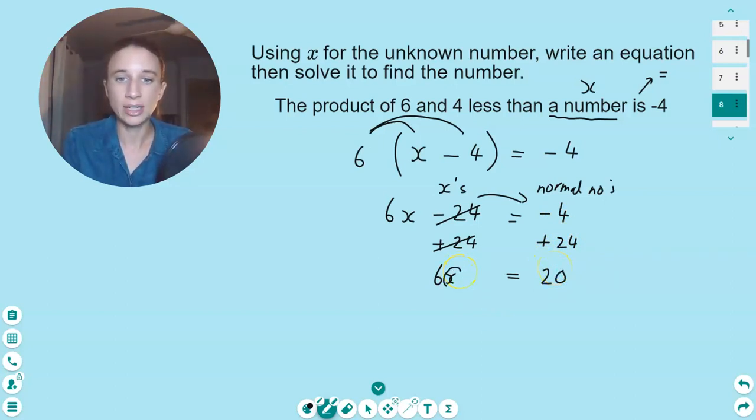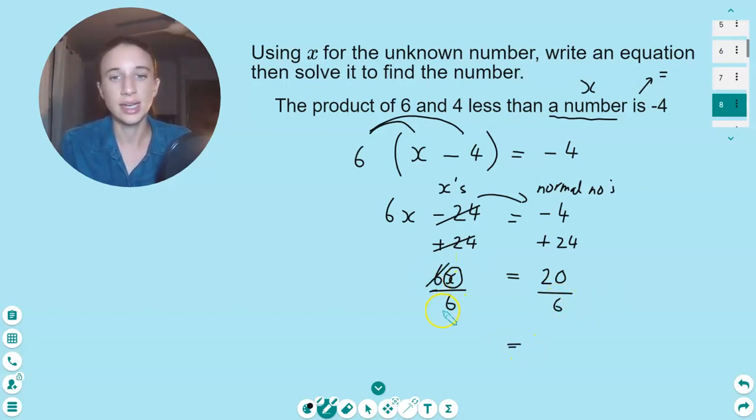Now, we want x on its own. We need to get rid of the 6 out the front of it. That's the same as 6 times x. Opposite of timesing is dividing. So we want to get rid of that 6, so we're dividing by 6. What we do to one side, we do to the other.